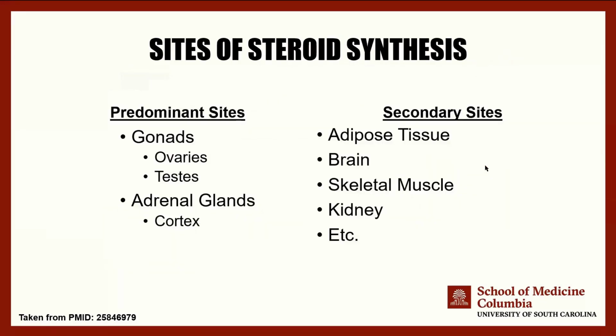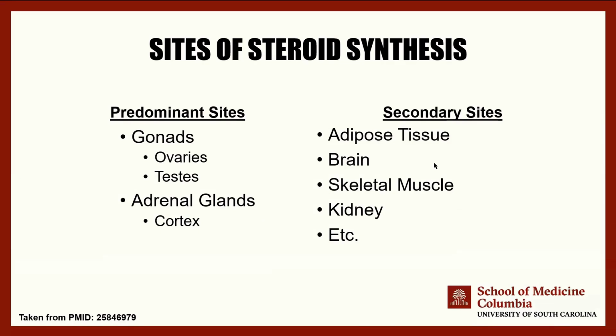Now, when we talk about sites of steroid synthesis, the predominant sites are the gonads. So when we think of a female, we'll think of ovaries. When we think of a male, we'll think of testes, right? And then the adrenal glands will also synthesize steroids, in particular the adrenal cortex. Now, there are also secondary sites where androgens, for example, can be metabolized into estrogens: adipose tissue, brain, skeletal muscle, kidney.